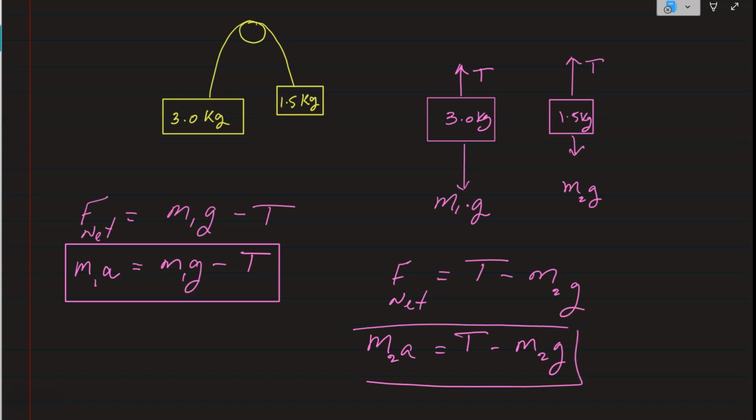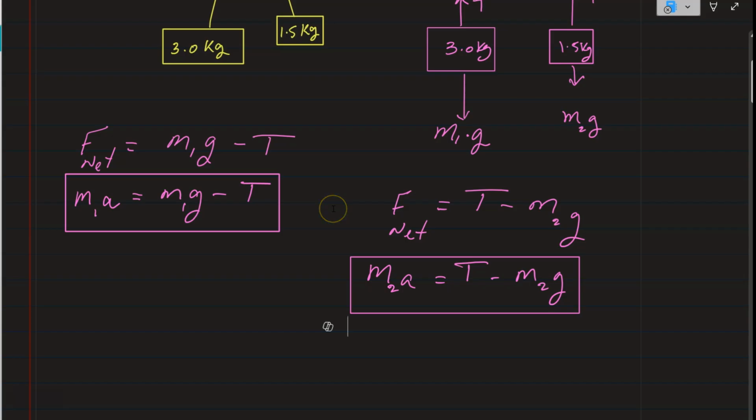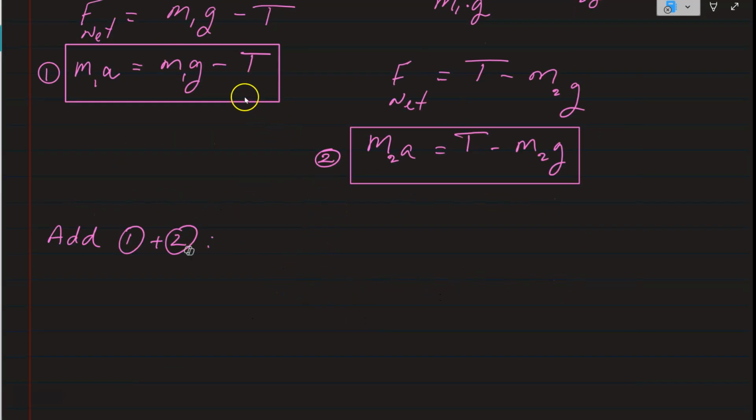So these are the two equations that we have for acceleration, but the tension is the same for both. Okay, so we can now manipulate these two equations. So we're just going to add the two equations. That's one way to do it, or you can solve each of the equations for T and then substitute it back, but adding the two equations is just easier to get rid of the value of T, the tension.